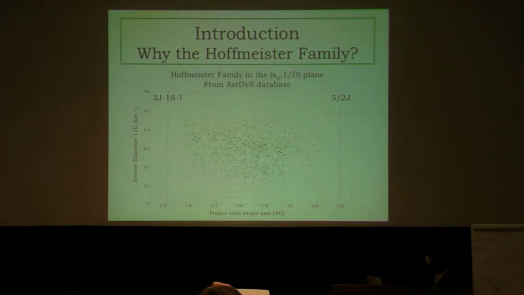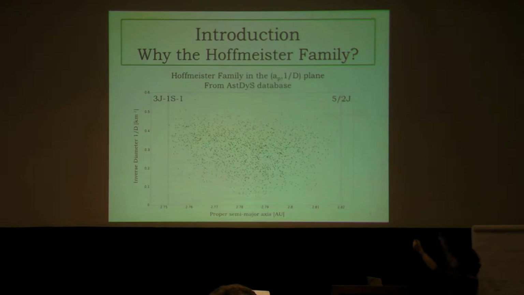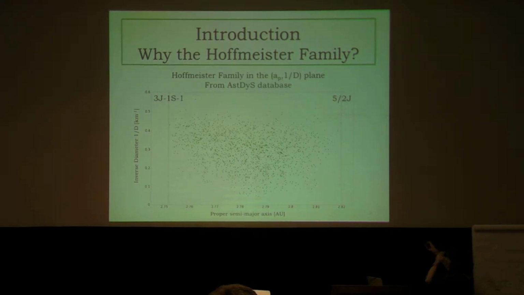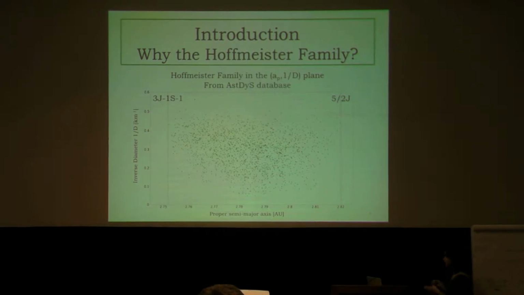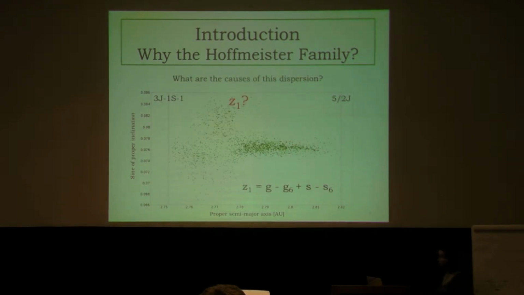And also, if we plot the family in the semi-major axis 1/D plane, we cannot see any clear alignment along these resonances, meaning that only the smallest objects are currently reaching these resonances. So we did not consider these resonances as a potential cause.